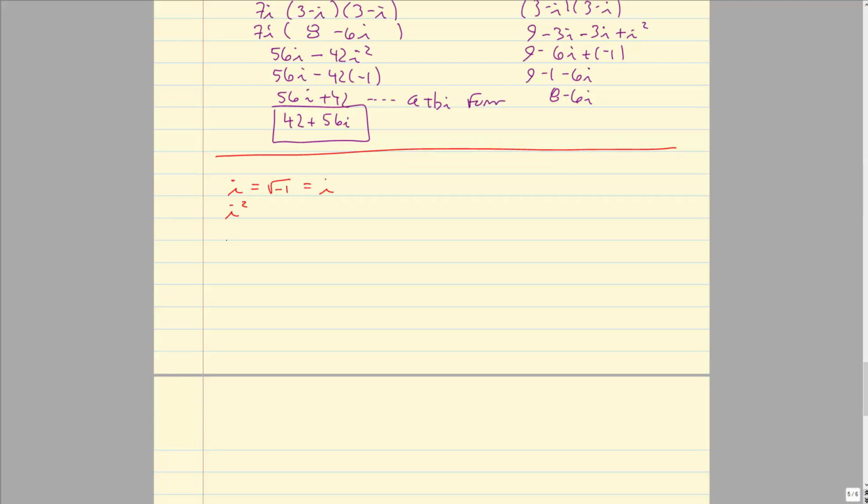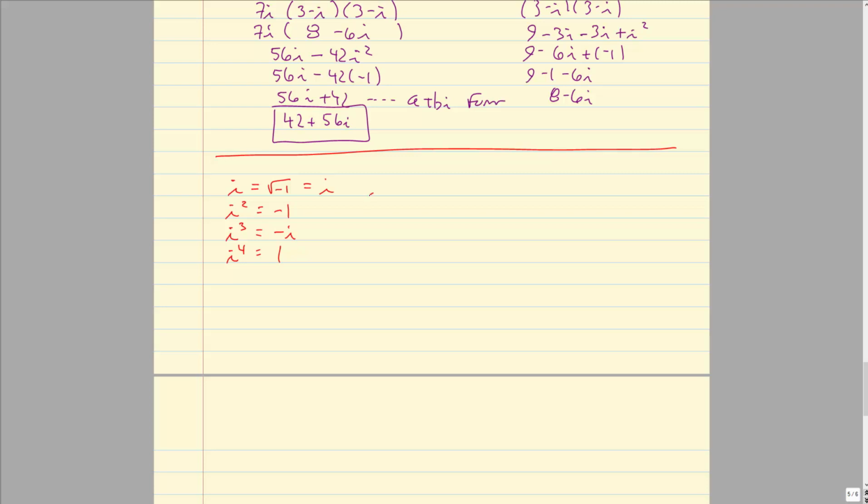Then we had i squared, i cubed, i to the 4th. i squared would be square root of negative 1 times the square root of negative 1, which is going to be a negative 1. i cubed would be i squared times i, which would be negative 1 times i is a negative i. i to the fourth would be a negative 1 times negative 1, which is 1.